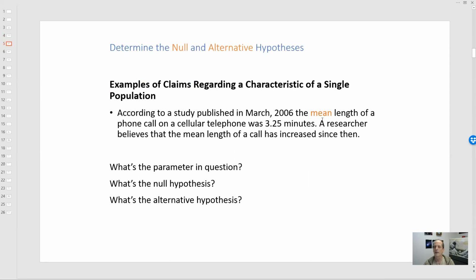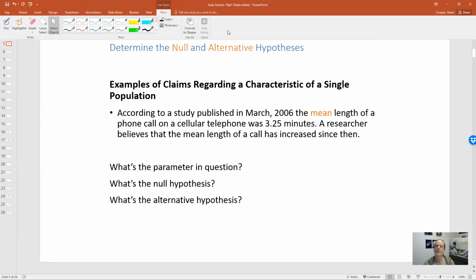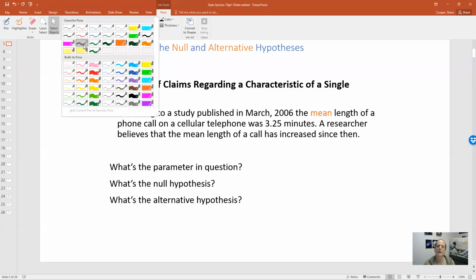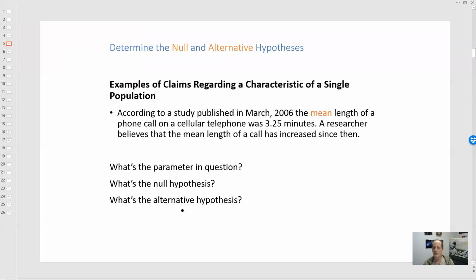So let's look at another one. Okay, so this time, according to a study published in March 2006, the mean length of a phone call on a cellular telephone was 3.25 minutes.